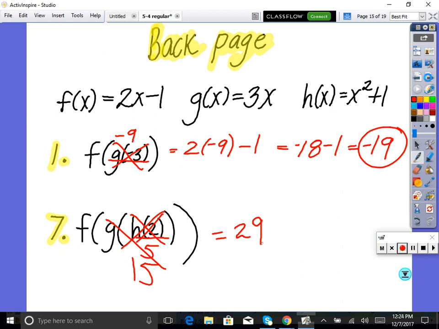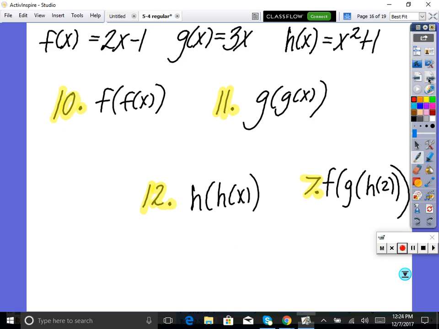Okay. All right, so look at number 10. This one does throw people for a loop. It says f of f of x. So we're plugging f right back into f again, aren't we? This is a function composition. Now this is what I suggest to do. We write it out twice just to make our lives easier.